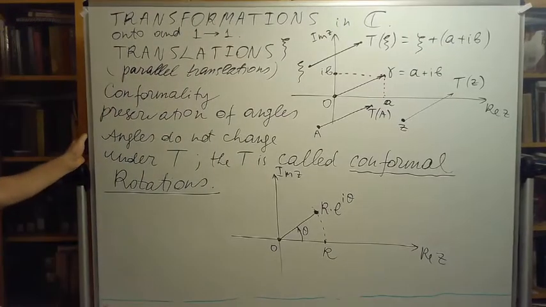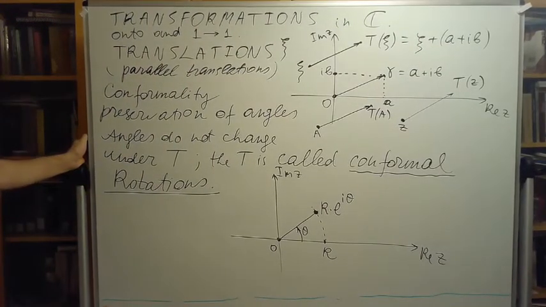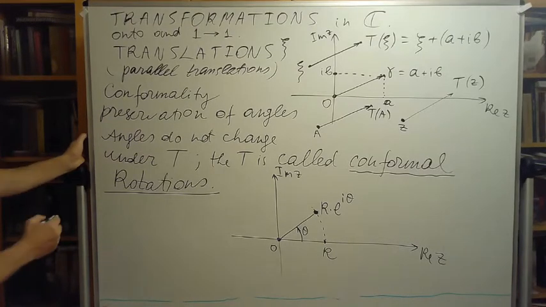You know that when we multiply two complex numbers, their moduli are multiplied and their arguments are added to each other.